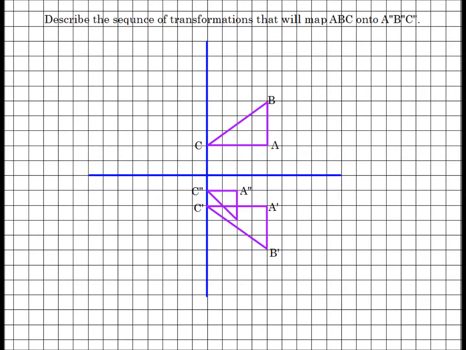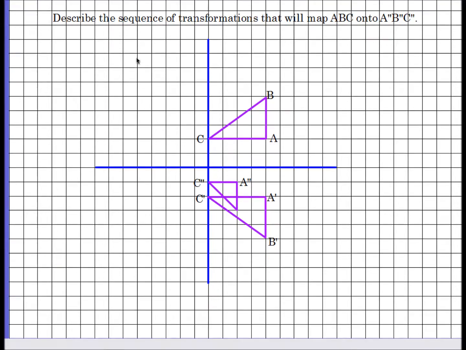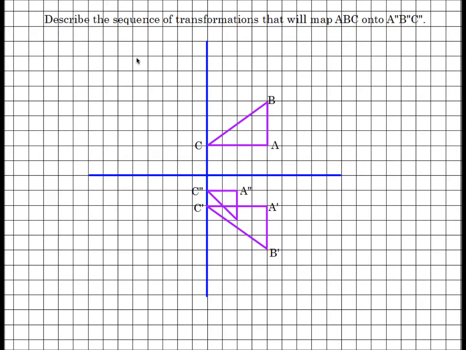Okay, here is the first exercise, and this is level 1. The direction is to describe the sequence of transformations that will map ABC onto A double prime, B double prime, C double prime.